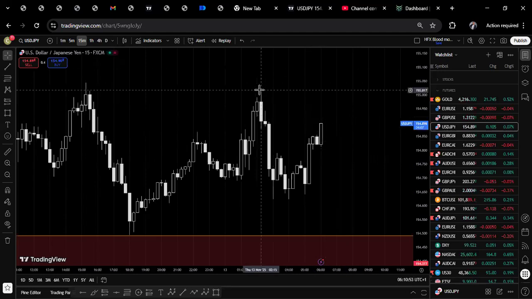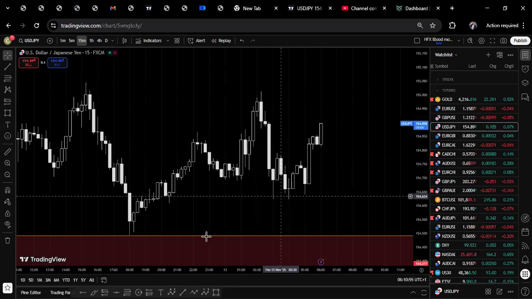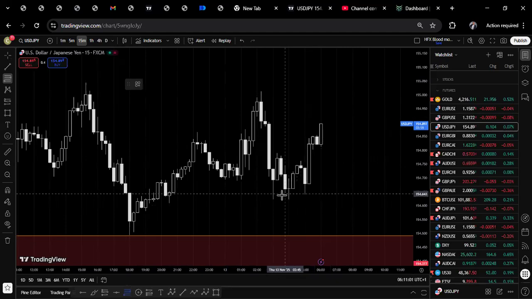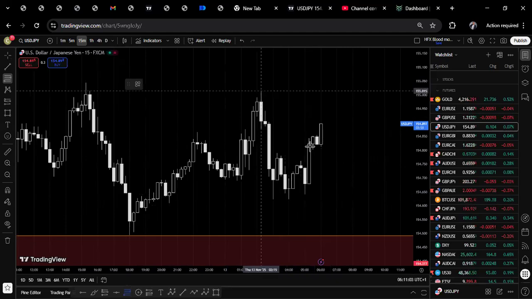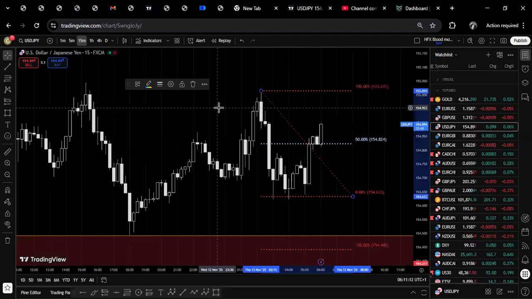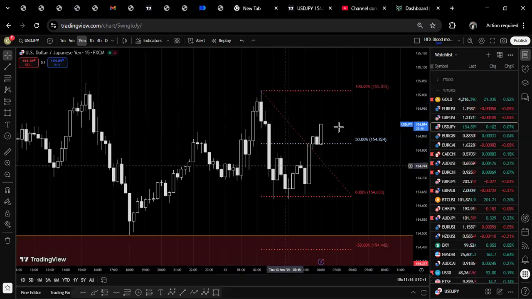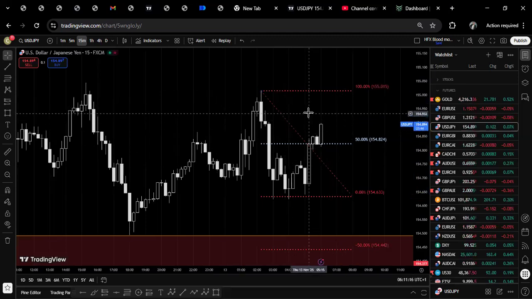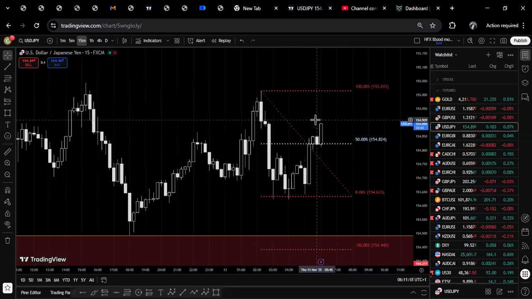Now we have a high here, we have a low here. If I'm looking for a sell, this market is actually ready for a sell, right? It's within the sell zone. Only thing left is for it to start moving down.